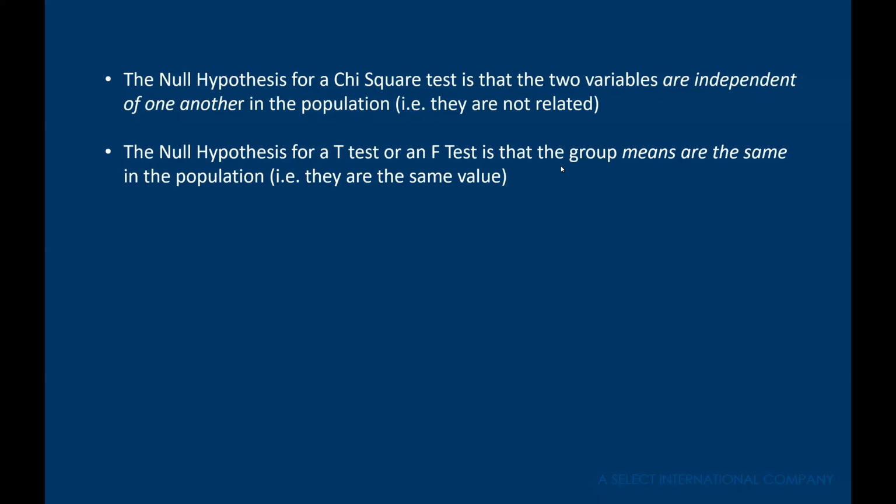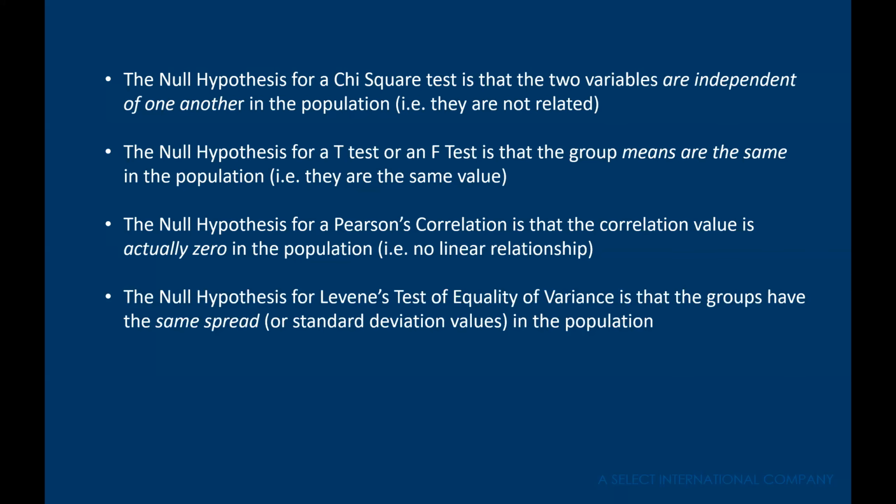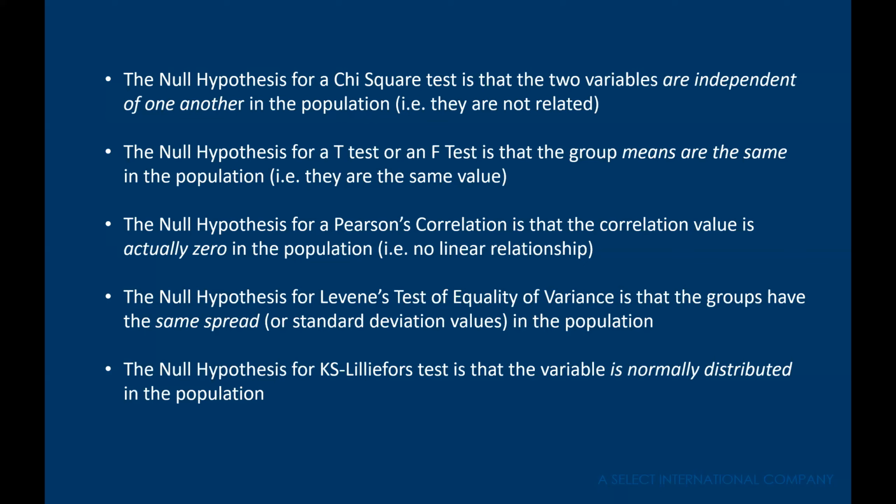And for Pearson's correlation, it is that the correlation value in reality is actually 0 in the population. There's no linear relationship at all. For Levene's test of equality of variance, it is that the groups have the same standard deviation, the same spread, in the population. And for something like a Kolmogorov-Smirnov Lilliefors test, it is that the variable is normally distributed in the population.